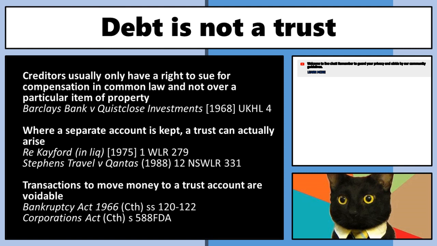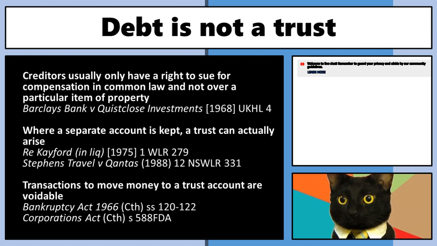If it is unsecured, in other words, it's not attached through the contract to personal property, so movable items, or to real property. What do we call that when you attach some sort of security to real property? It's a mortgage.